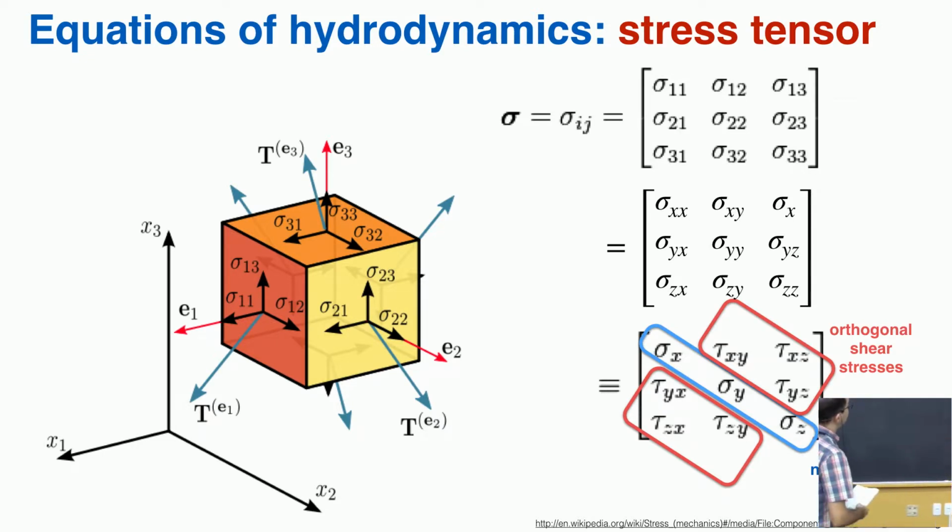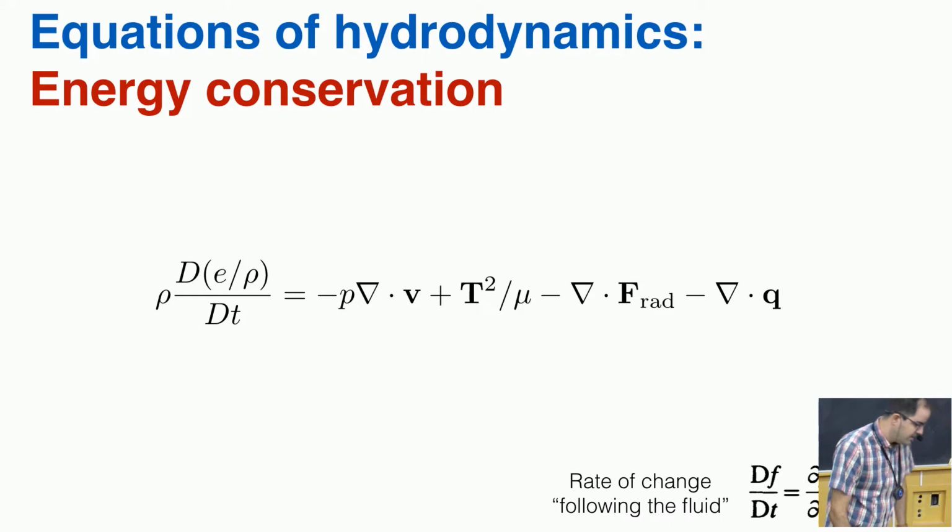And the blue, the diagonal of the stress tensor, is a force doing this on the side of your fluid element, okay? So it's the normal stress that we know as pressure, okay?